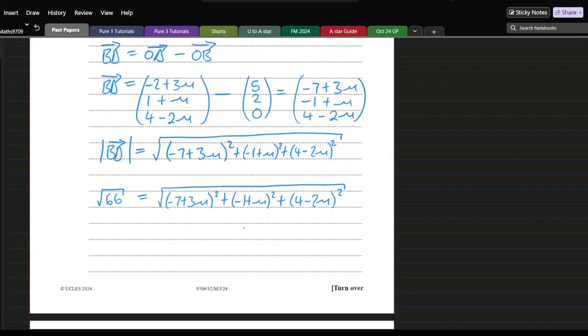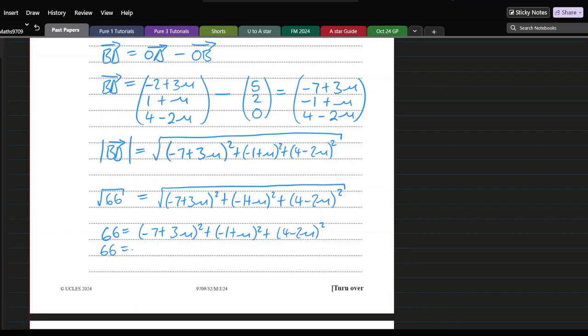Now let's square both sides to get rid of the square roots. So 66 is equal to (-7 plus 3 mu) squared plus (-1 plus mu) squared plus (4 minus 2 mu) squared. And now let's expand all these brackets.